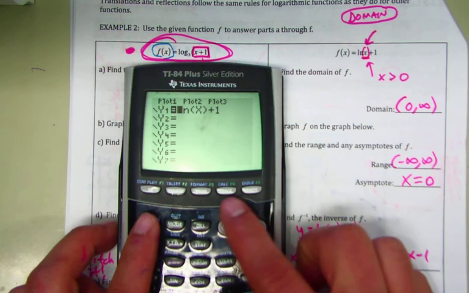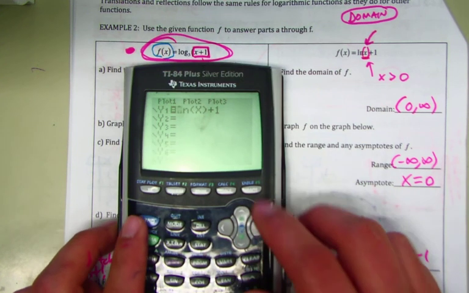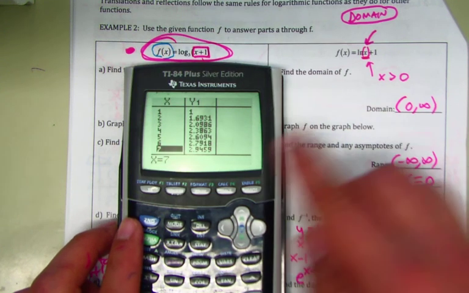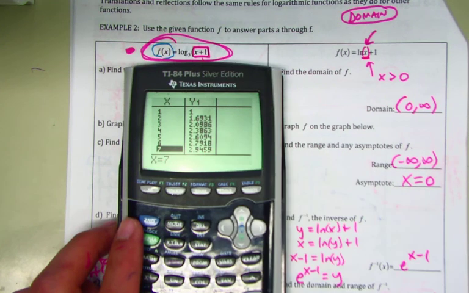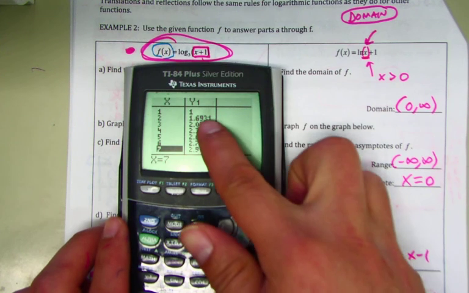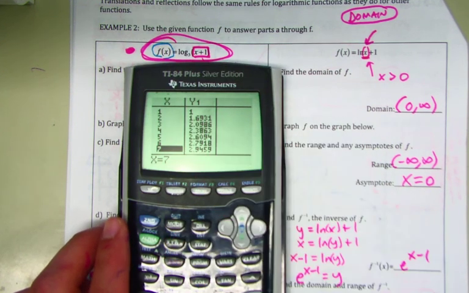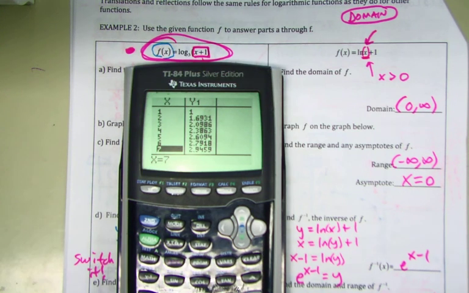Probably a good idea to look at a table. But this one's kind of a messy graph, right? Because e, the base, is 2.718, et cetera. So basically this one nice point that we have, the 1, 1, that's the only nice one. After that, it's all just a bunch of decimals, irrational numbers. So you can use your table as a guide, all right?